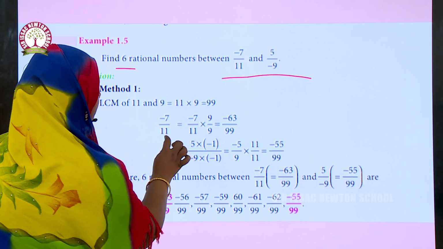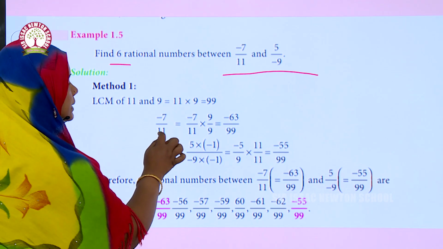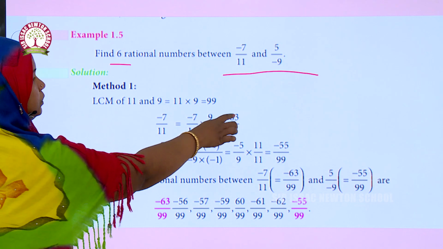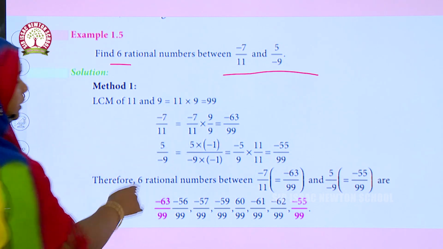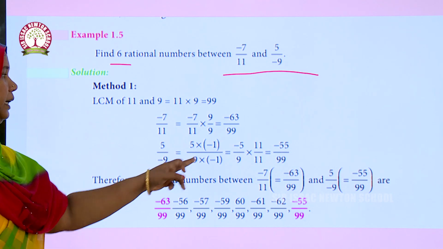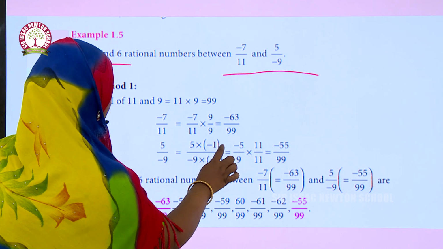So, minus 7 by 11 can be written as minus 63 by 99. To make this 11 as 99, it is multiplied by 9. So, minus 7 into 9, which is minus 63 by 99. The next value is minus 5 by 9. To make this 9 as 99, multiply it by 11.